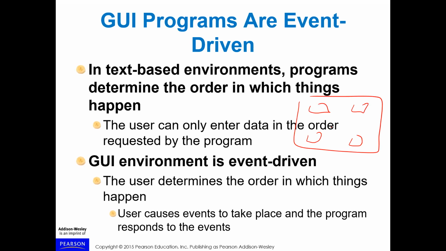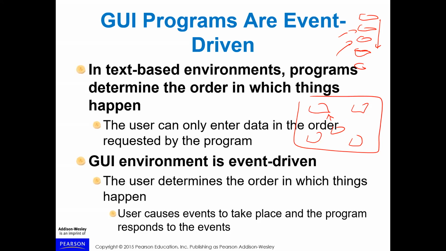You as the user can press any one of these buttons whenever you feel like, and therefore you trigger that event. The analogy with a sequential program is that the buttons are in sequence, and you cannot press this one without first pressing that one. That's the difference, and that's what event-driven means.